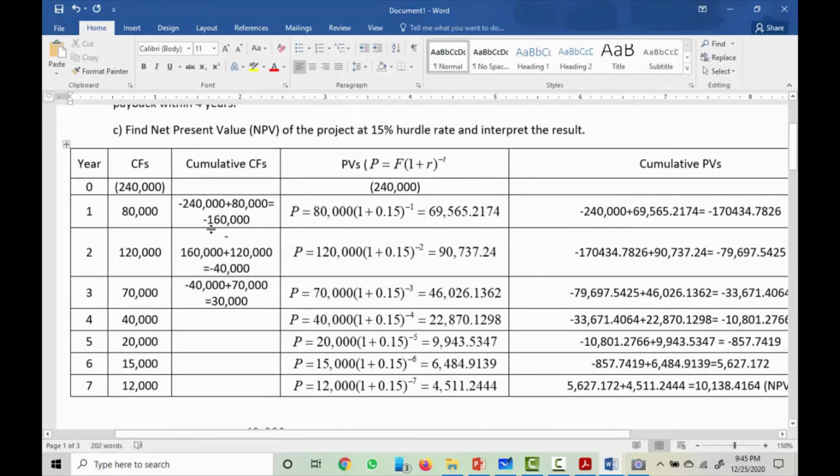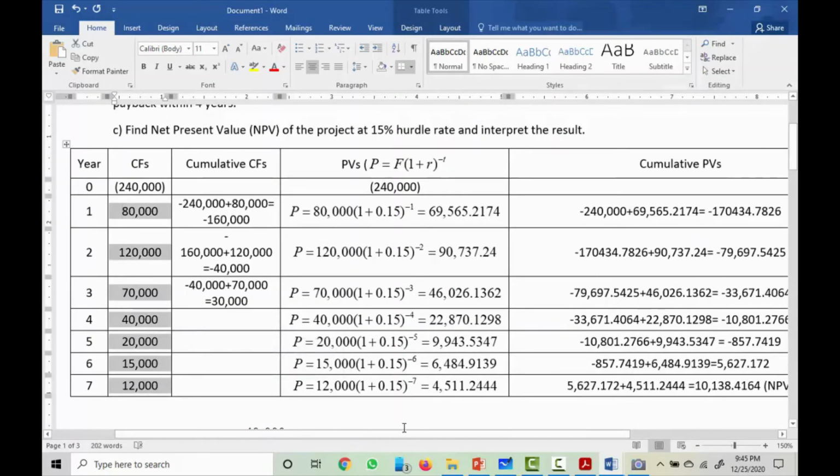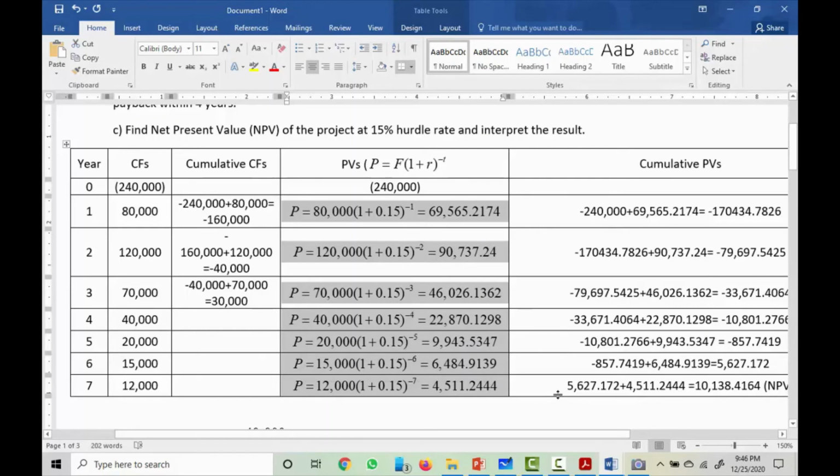So we need to calculate present values of all these future cash flows to find out the net present value. And we have already calculated present values of all these cash flows here.